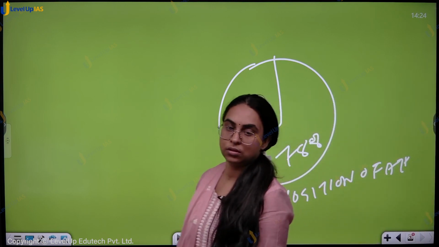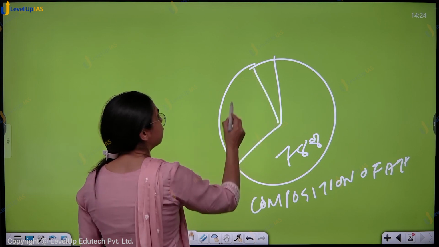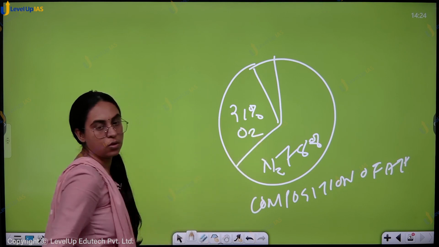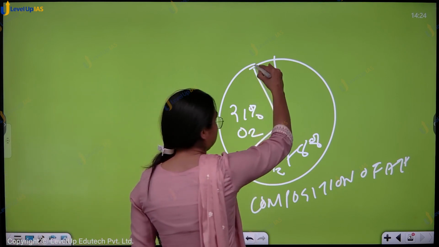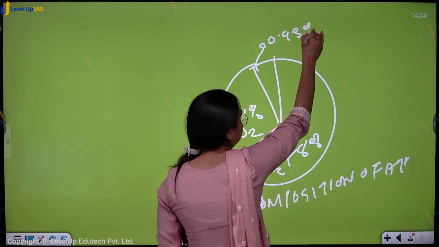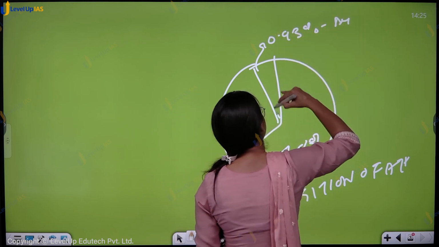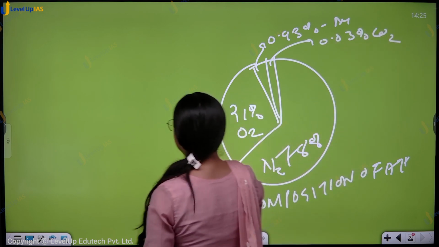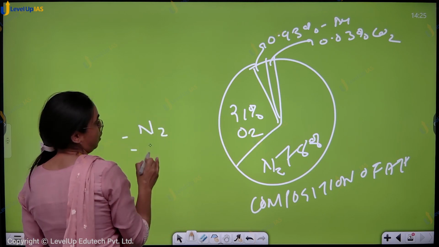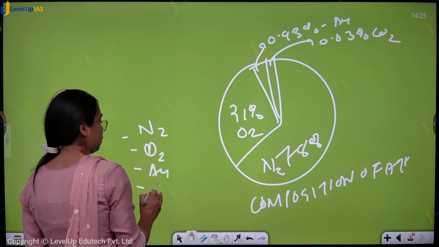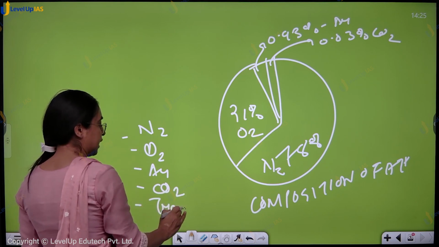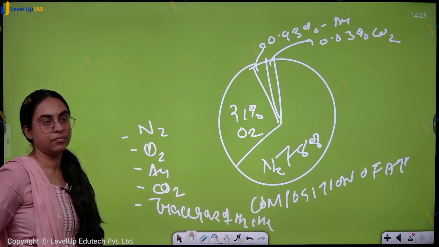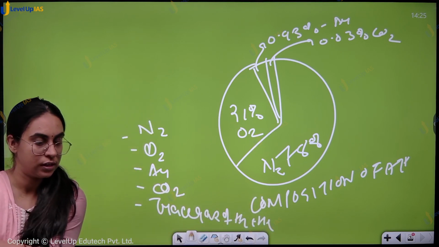What about oxygen? 21%. 78% nitrogen, 21% oxygen, then 0.93% argon, 0.03% carbon dioxide. So you have nitrogen, oxygen, argon, carbon dioxide, and trace gases of hydrogen and helium.